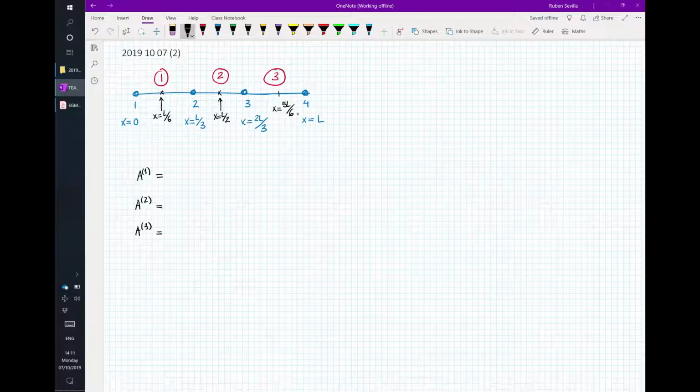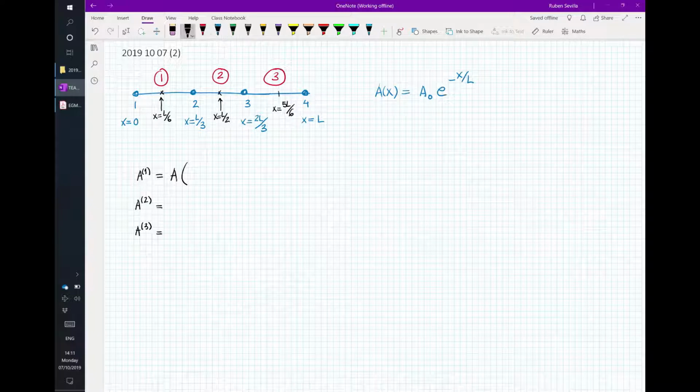Yeah? Okay. Right. So the area in the first element is going to be the formula for the area that is provided here. The formula for the area, just for reference, is there, and is A sub 0, which is the area at the left, multiplied by this exponentially decreasing quantity. Okay?